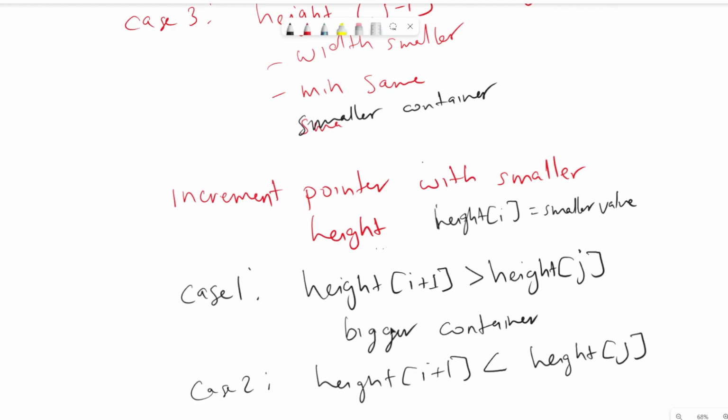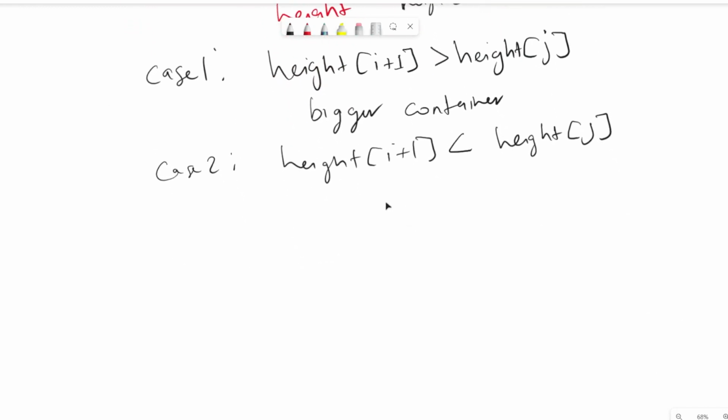Now, in this case, we essentially don't get a bigger container, per se, because now we have a new minimum and our width has gotten smaller. So this doesn't really help us.